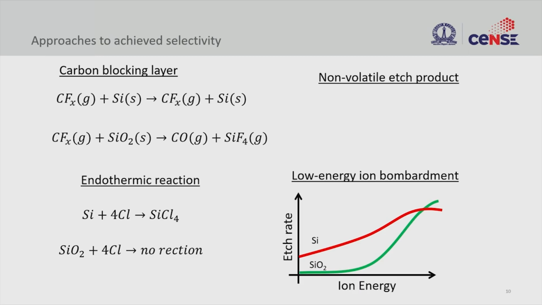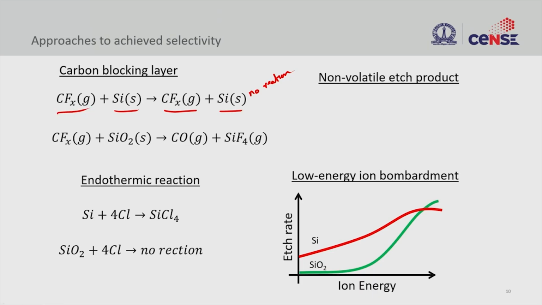So when the carbon blocking layer is formed on silicon, you create the gas, and you still have the solid here. So basically there is no reaction. The radicals come onto the silicon surface and you don't see any reaction at all.